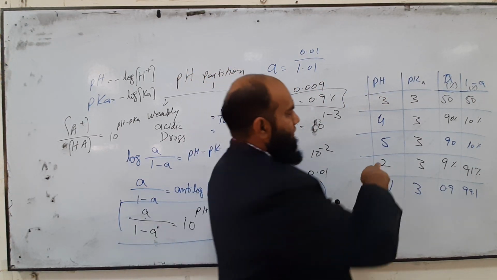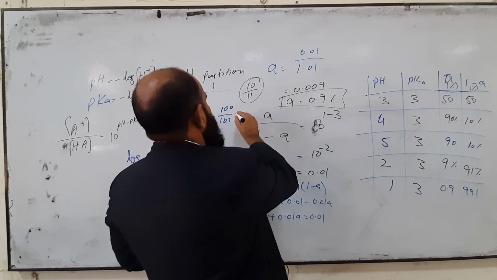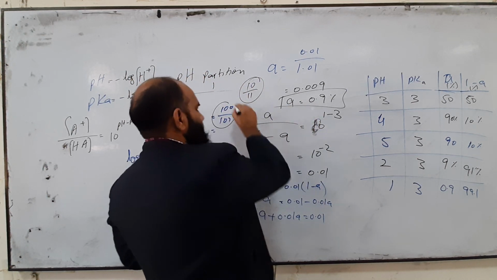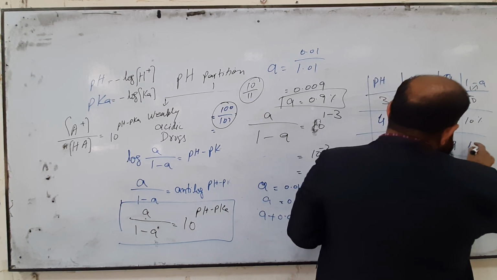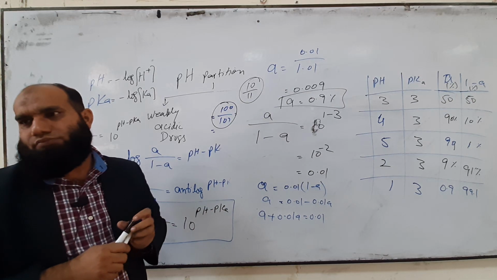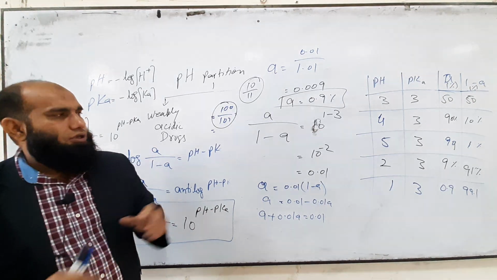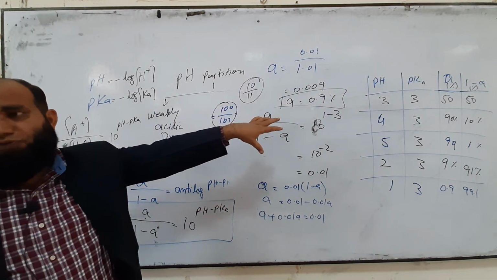And when we have the difference of 2, it's 100, and we have 100 divided by 101, which is equal to 99, and this is 1%. Now it's okay. Means at the same level of the pH and pKa, 50%.